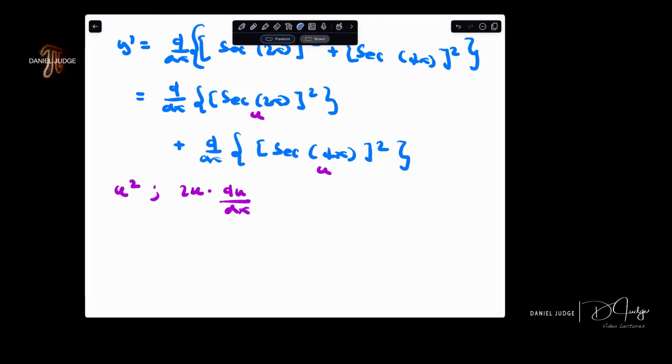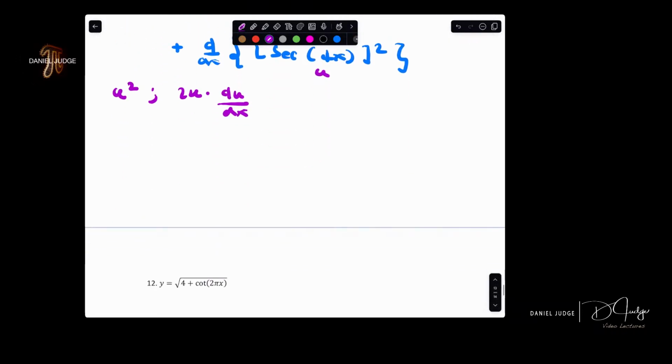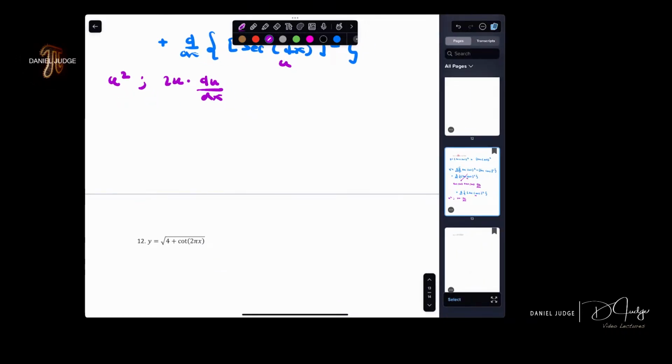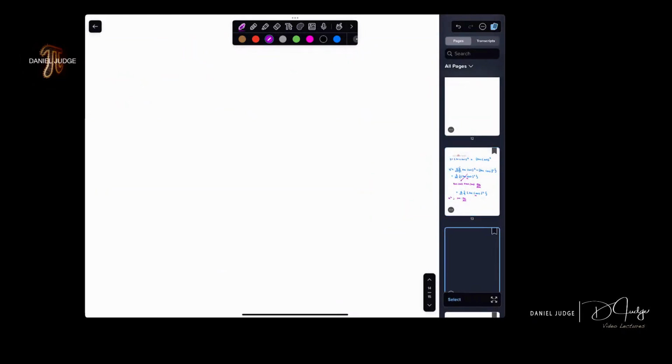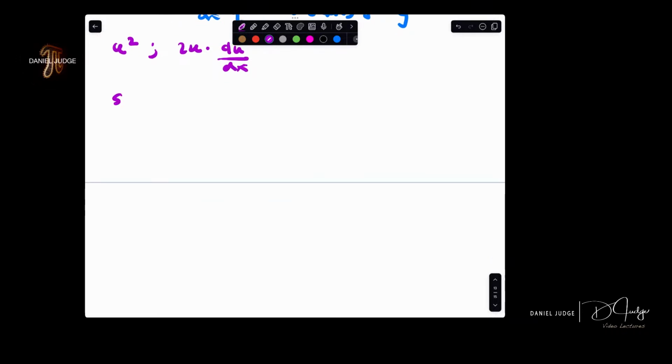Let's bring out some more space here, and I'm going to do the derivative. The derivative of secant is secant tangent, but don't forget the chain here. This is the chain rule. Let's remind you guys what just happened.